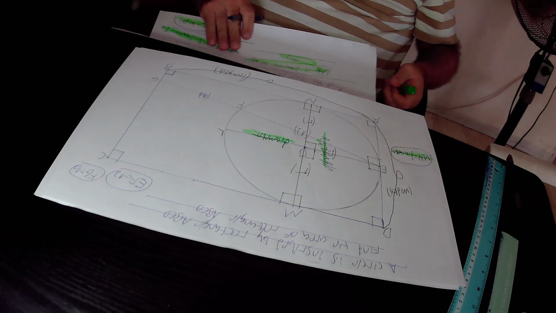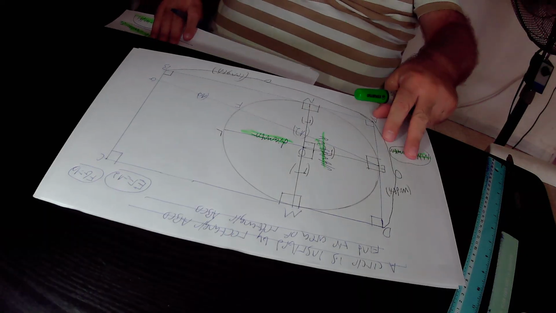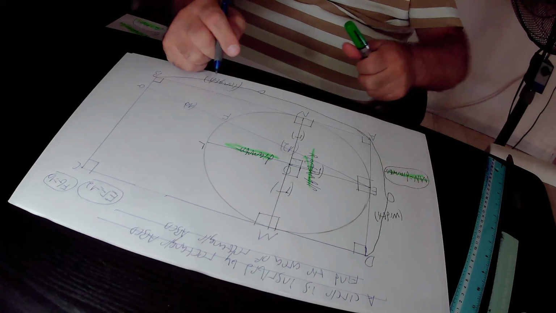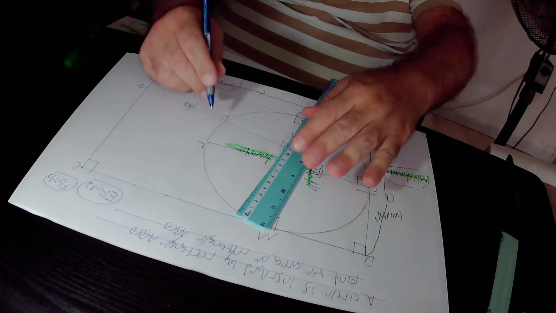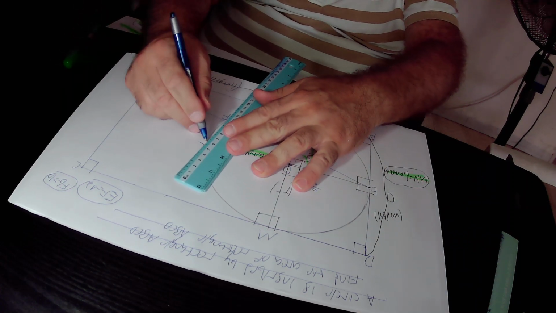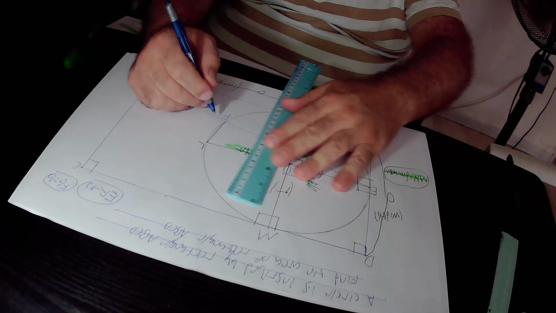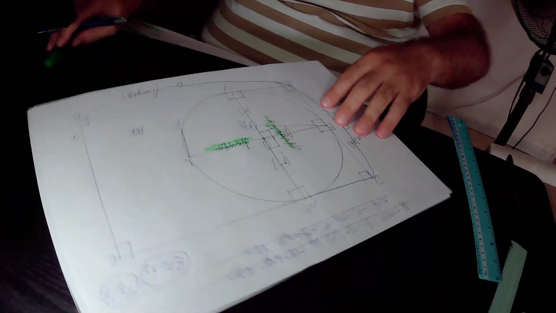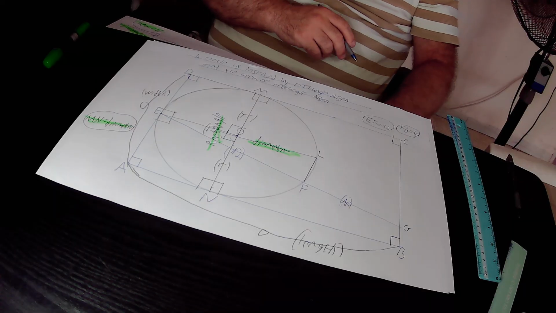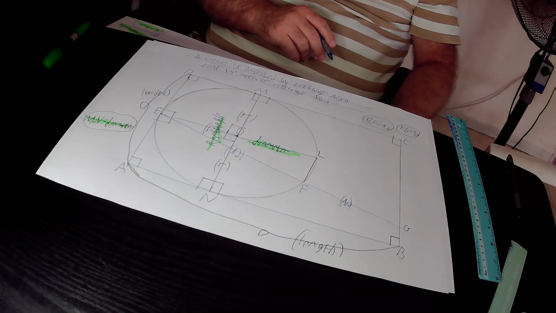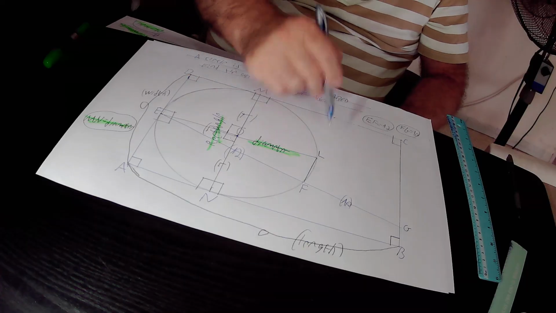So in the next step, we will join points L and F together by a straight line. By joining points L and F, we created peripheral angle EFL.